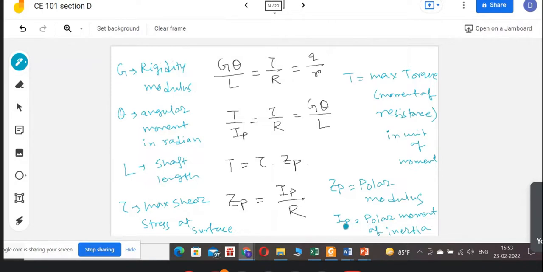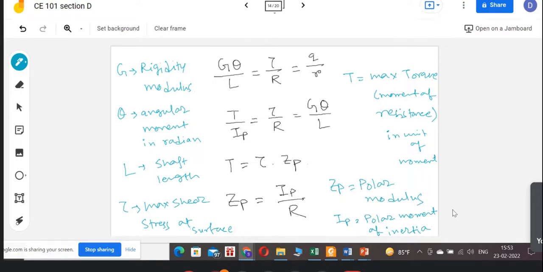In the moment of inertia chapter, we have mostly defined the polar moment of inertia as J. It's just a representation, nothing is different. If you are comfortable with J as polar moment of inertia, that is fine. If you want to write it as IP, that is also fine. No harm in that, but use the same representation throughout your answer sheet.